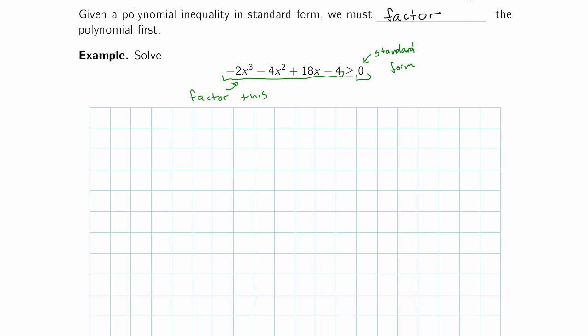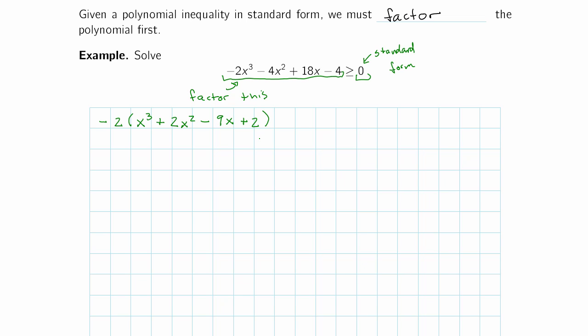I notice that all of those are even numbers, and I like positive leading coefficients. So I'm going to start by factoring out a -2. Factoring out a -2, I'm left with x to the third plus 2x squared minus 9x plus 2.